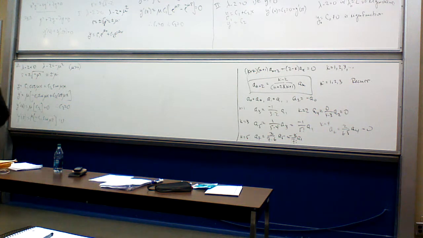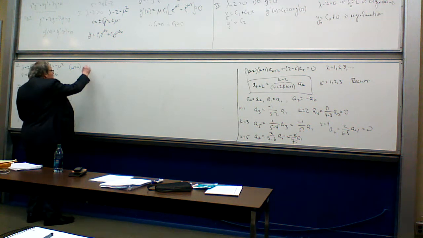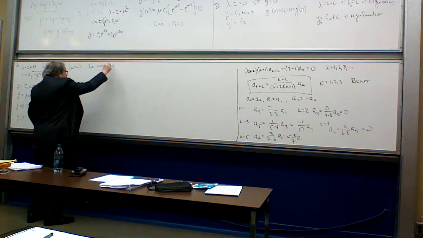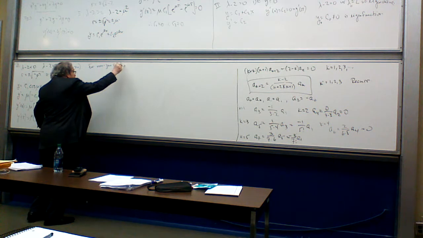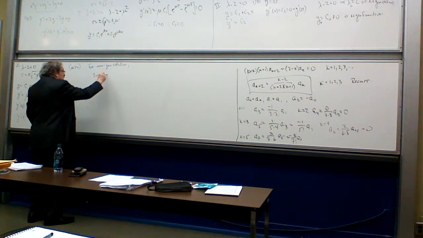So mu isn't 0. My goal, as I said before, is to find non-zero solutions. So the objective here is to manage this without turning C1 into 0. So that says then for a non-zero solution, I want sine of mu pi to be 0.